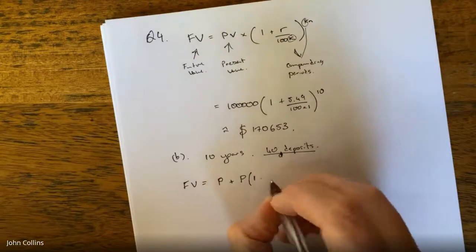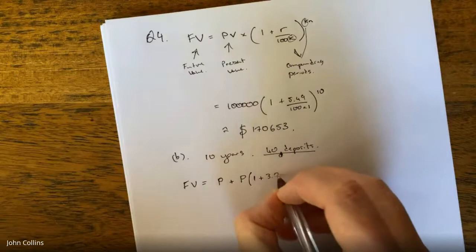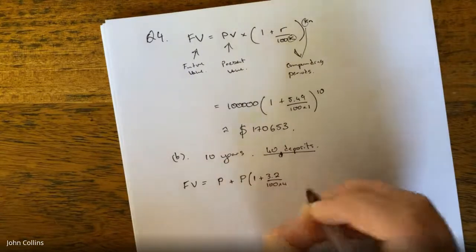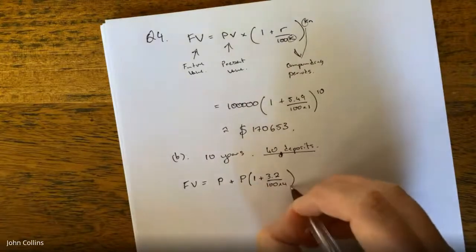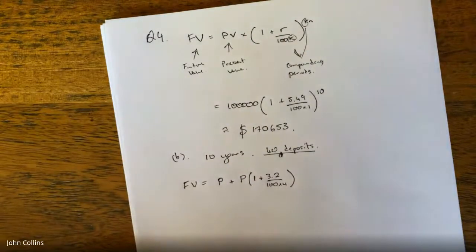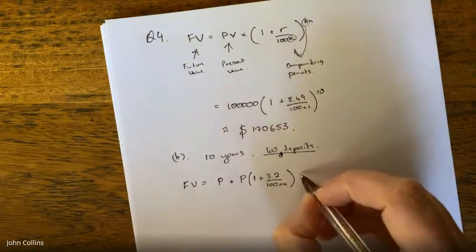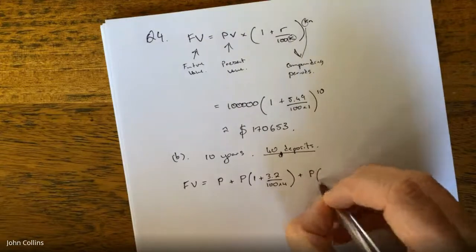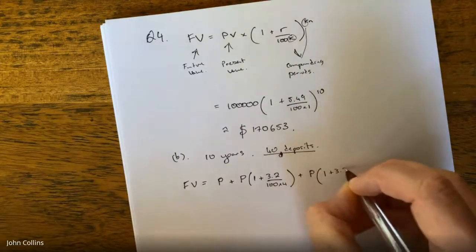So what's the interest rate it's gained? Well, it's 3.2%, but that 3.2% is spread quarterly, so you've got to divide by that 4. And that's its value at the, I suppose, start of the second year. Now, what would be after that? Well, then after that, the principal that has been there 2 years has done it again.